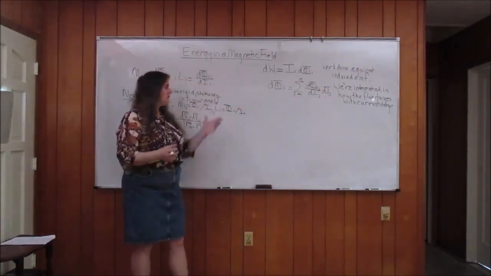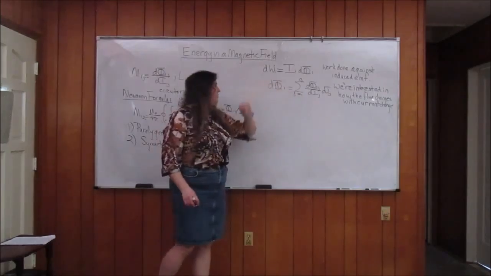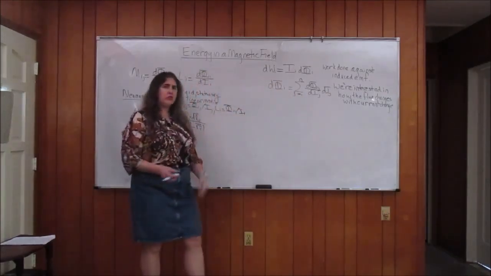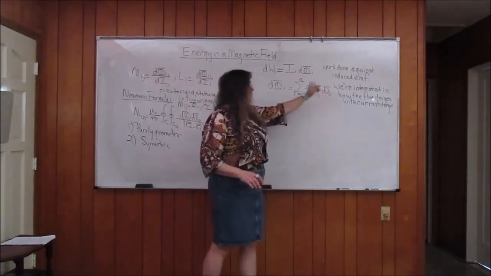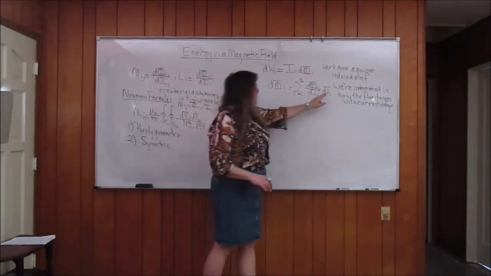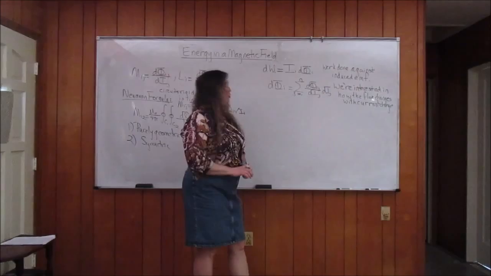The flux change or flux increment through the I-th circuit is equal to the summation over all the circuits that are coupled together of the derivative of the flux with respect to current times the current increment.